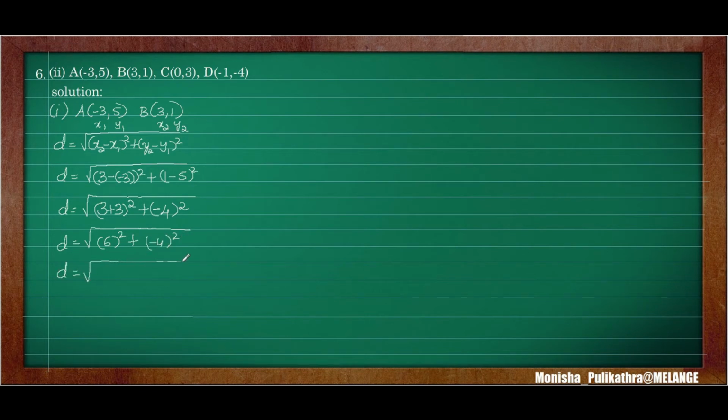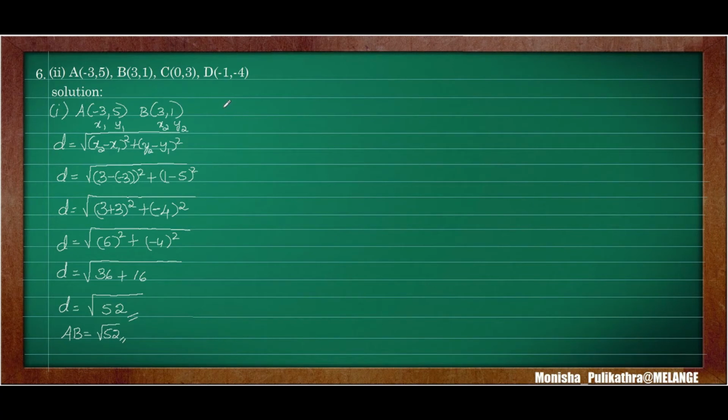So D is equal to square root of 6 square is 36 plus 4 square is 16, which is 52. 52 is the answer for AB. Okay, AB is equal to root 52.